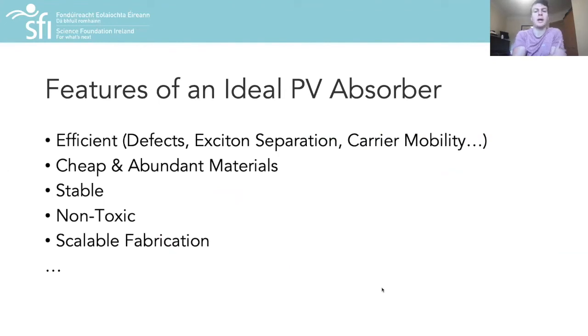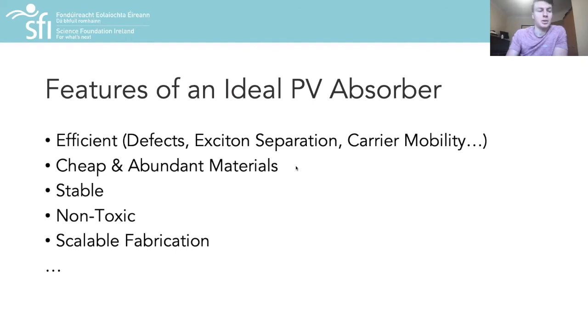So to wrap up, there's a long list of desirable features for an ideal photovoltaic material. We looked at the factors that affect efficiency, such as band gap and absorption. Many other factors also affect this, such as defects, exciton separation, charge carrier mobilities, etc. Beyond that, you would ideally want your solar cell to be made of cheap and abundant materials.